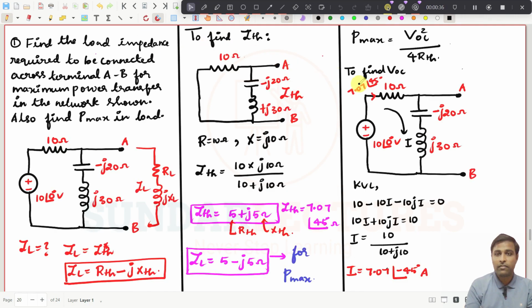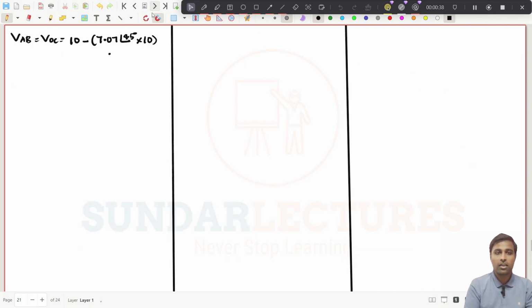That's all, we have reached point A. If you simplify this value, you will get VOC equal to 7.07 at an angle of 45 degrees volt. So we have found the VOC now.